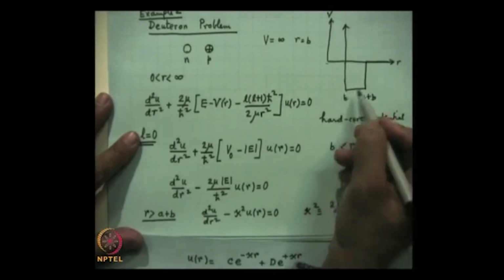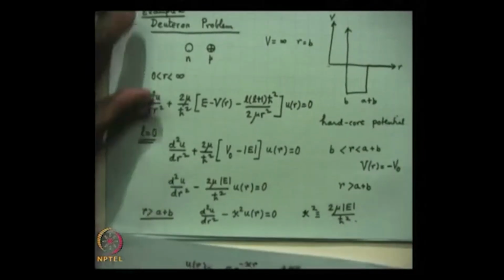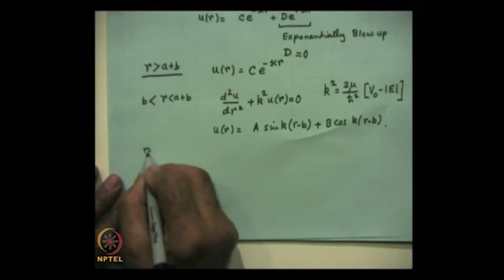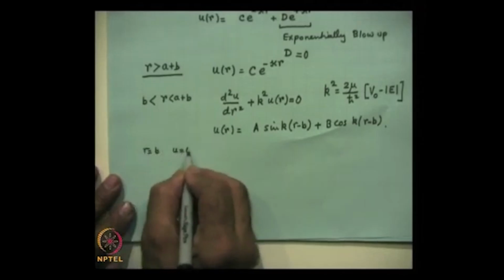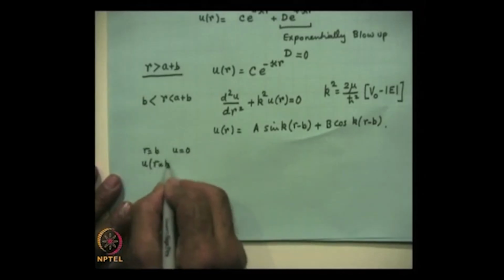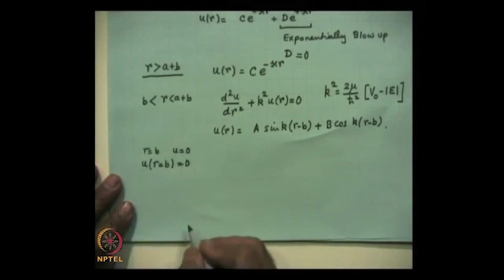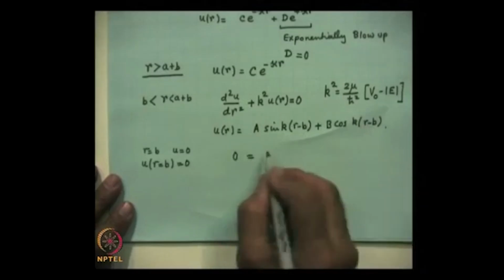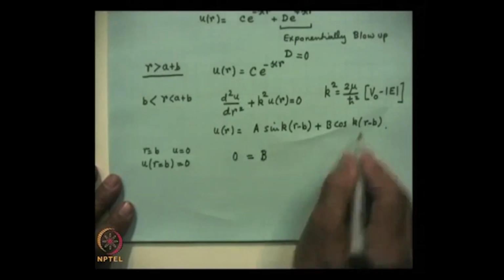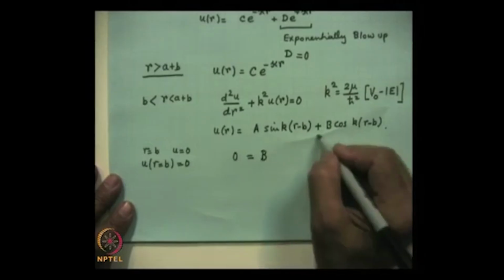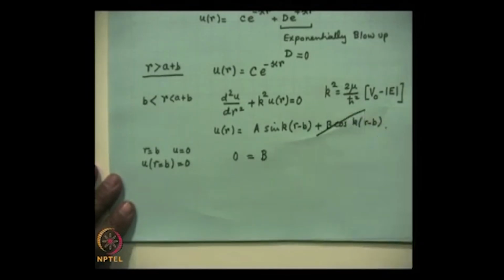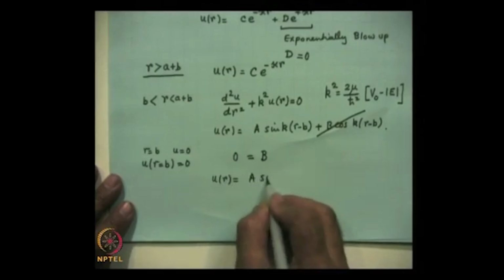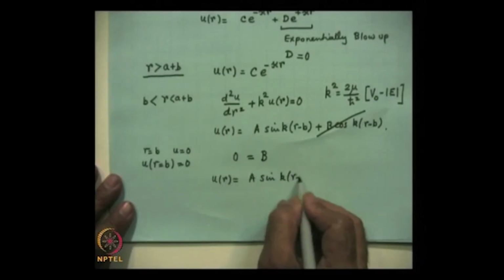So, at r equal to b, the wave function must be 0. So, u at r equal to b must be 0. If I put r equal to b, the sine term goes to 0, and cos of 0 is 1, so the term B is 0. So, you have u of r is equal to A sin k(r minus b).